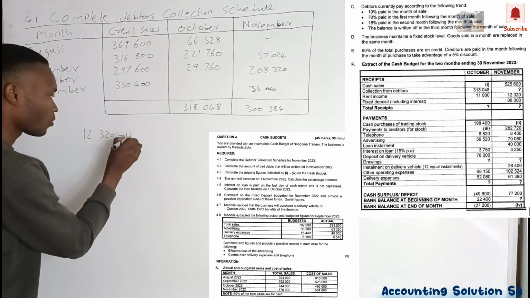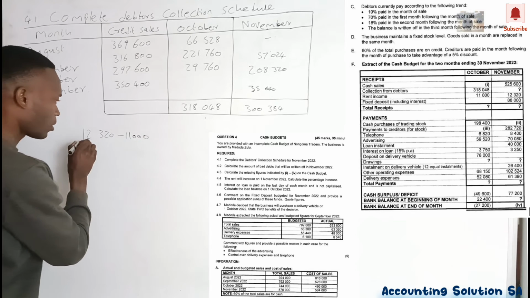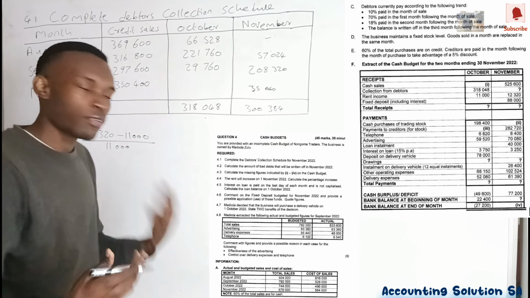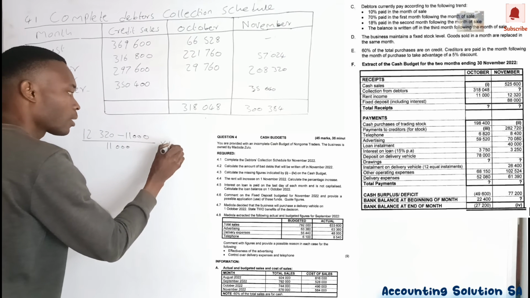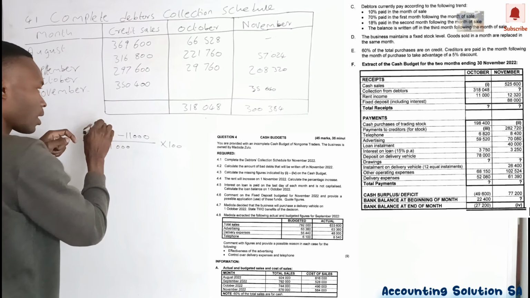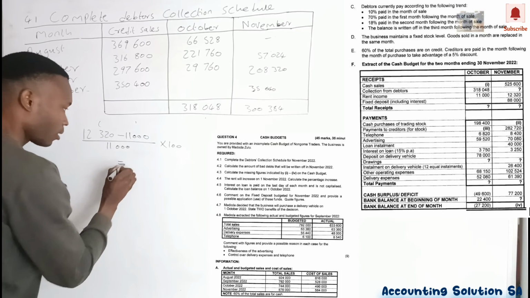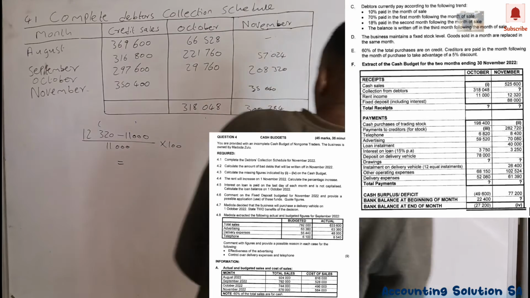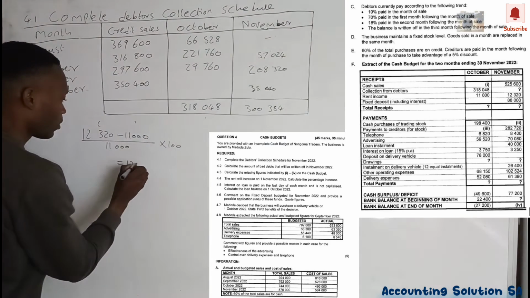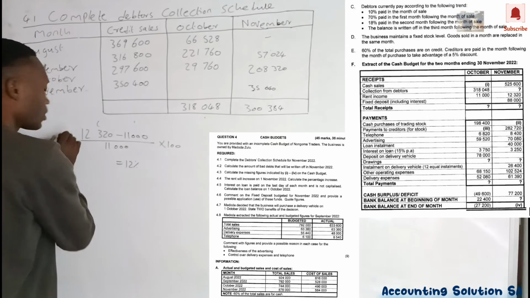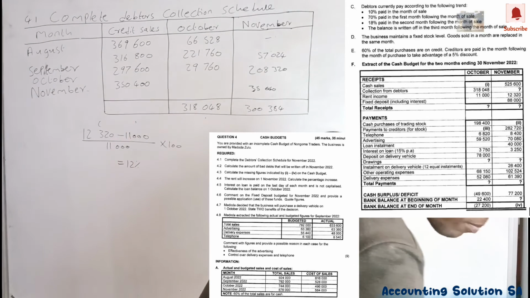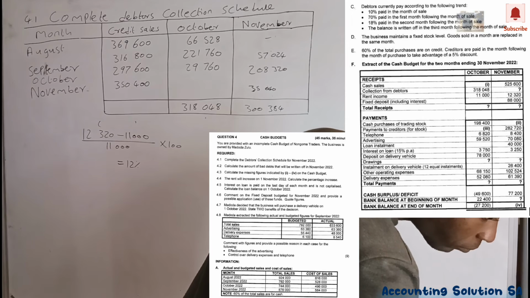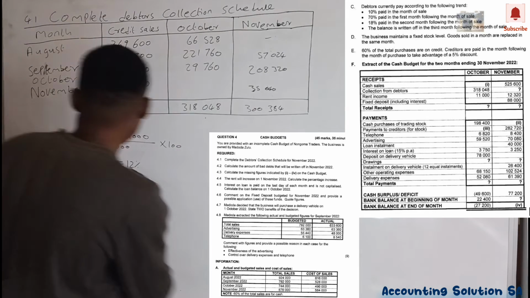Old is like the previous one. Then you multiply by 100. If you calculate all this, it's going to give you 12%. There was a 12% increase. Simple as that. 4.4. Okay, now let's go to 4.5.